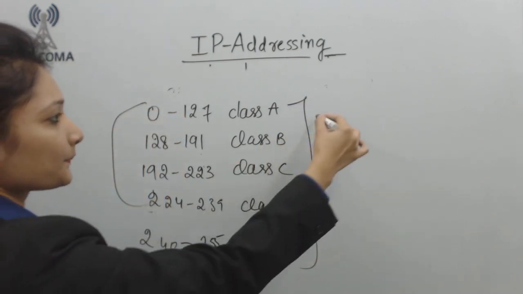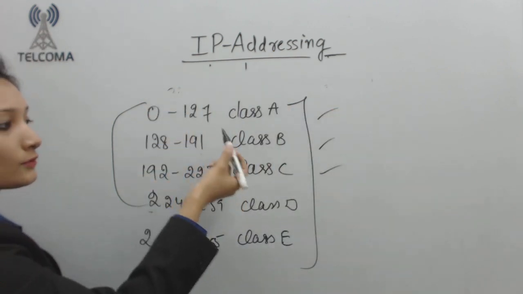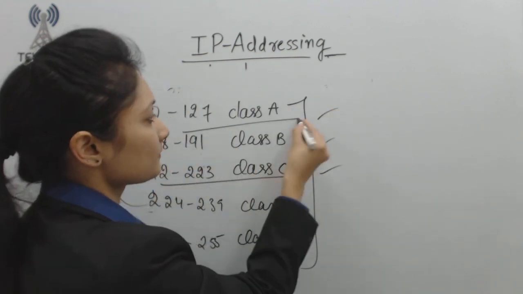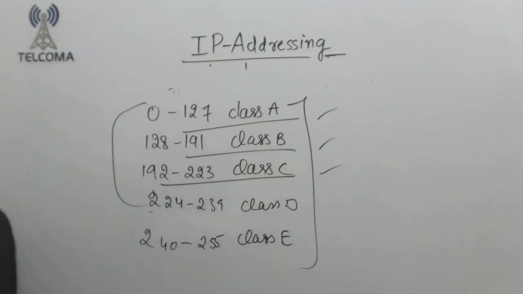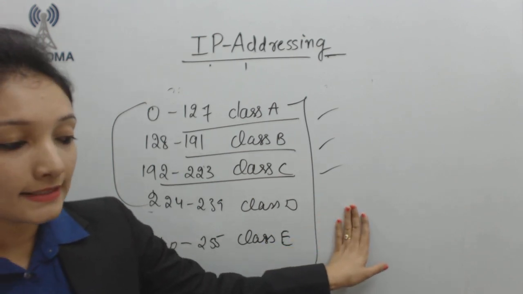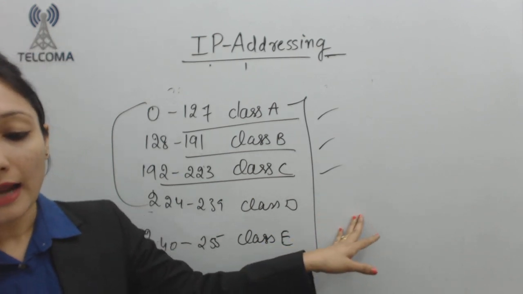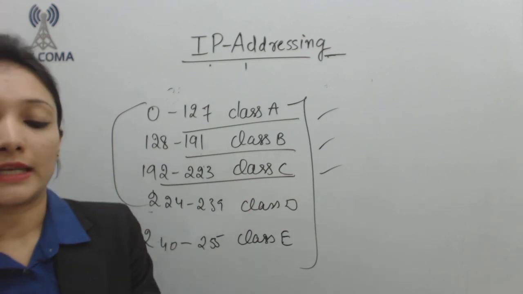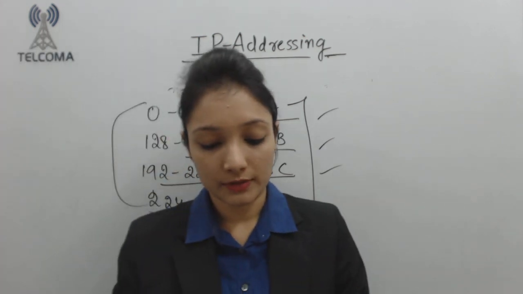Now these 3 are used for small organizations and bigger organizations depending upon the requirements. Class D is used for multicasting and class E is reserved for any other future uses.